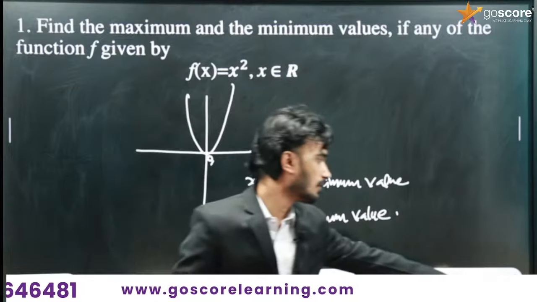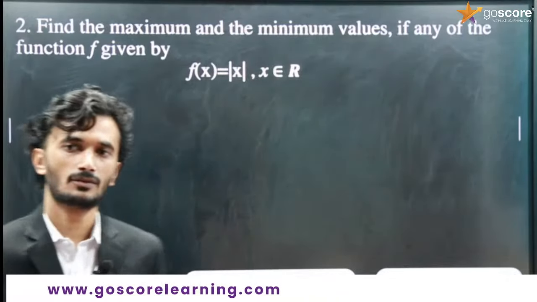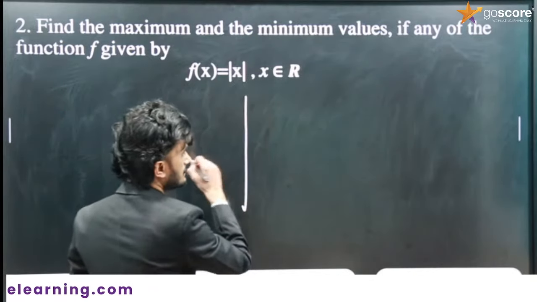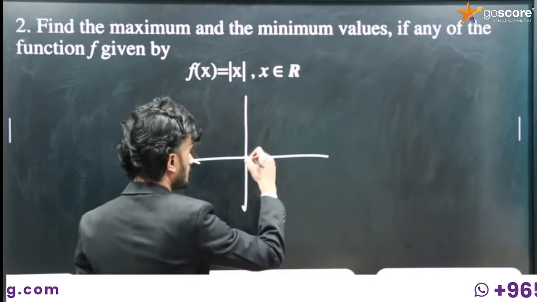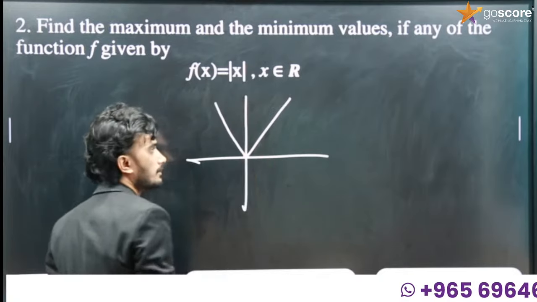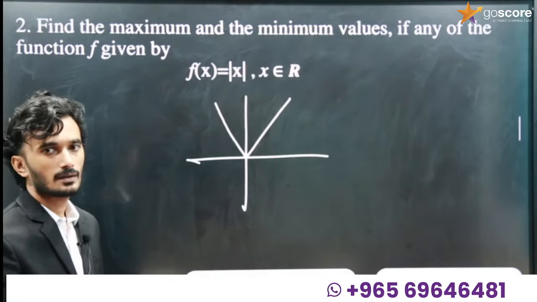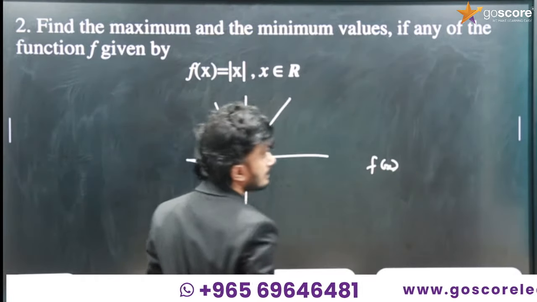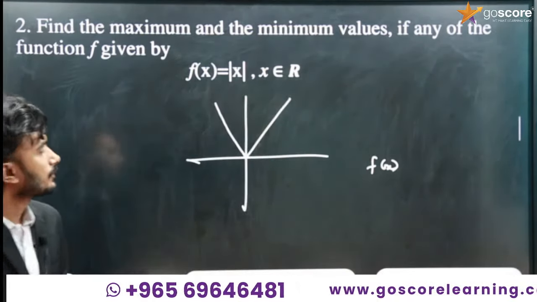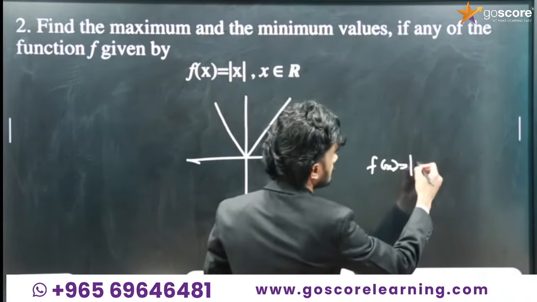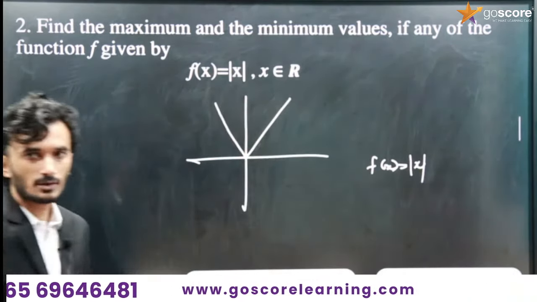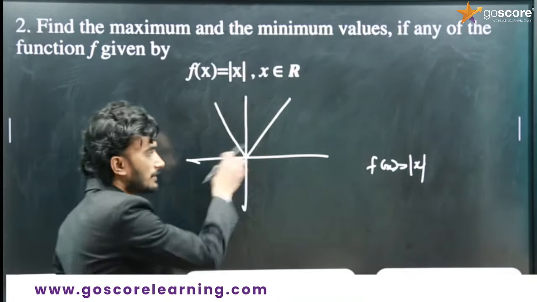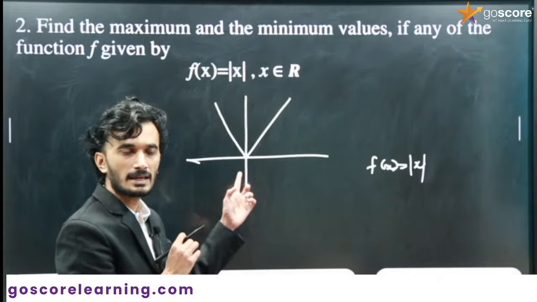So what about mod x? f of x is equal to mod x. What is the graph of mod x? It is a V-shaped graph. This one is the mod x graph. In this graph, it is clearly the minimum value is again 0.